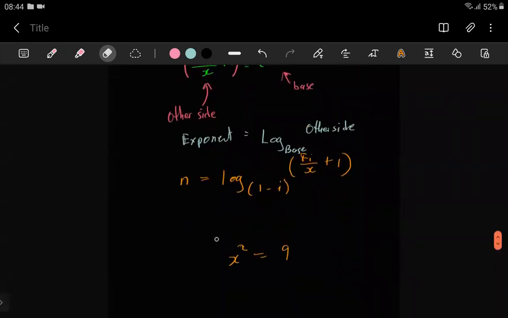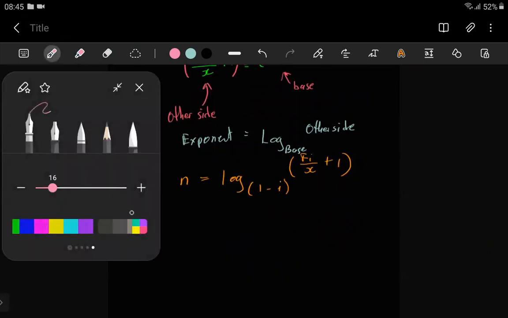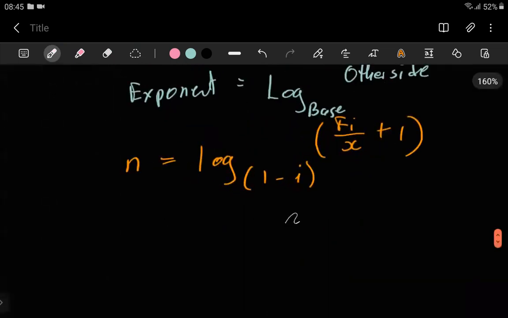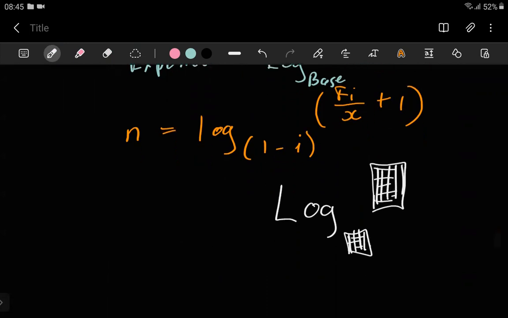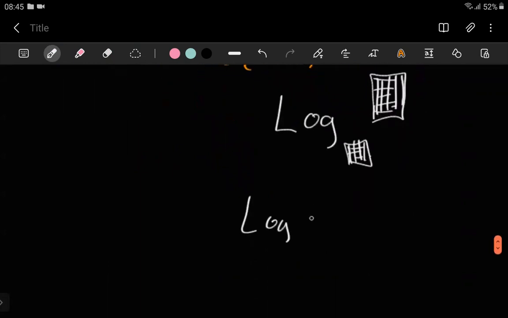Because in your calculator, remember, if you look on your calculator now, if you're using the Casio calculator, under the on button, you have a button that says log. There's something here, and then there's something here. There are 2 log buttons. This is the one we use, because the other one only just has log, and then just this thing here. This one that has something like this here automatically has a base of 10 by default, literally.